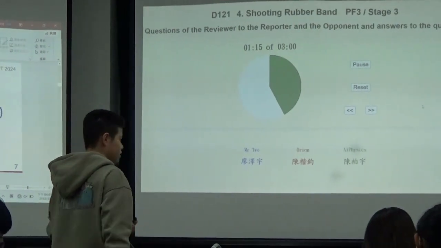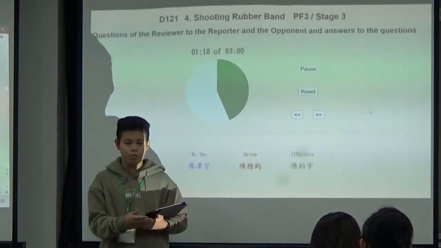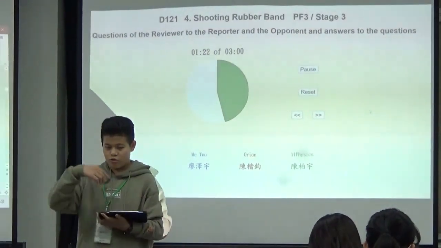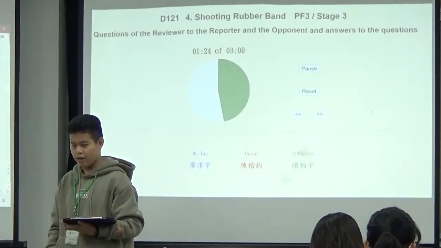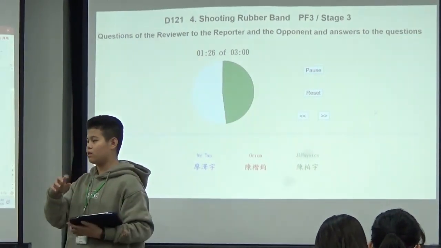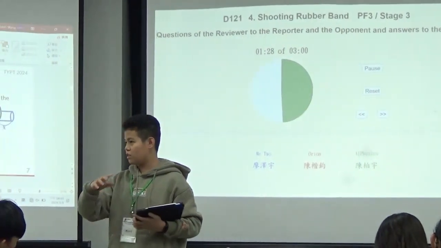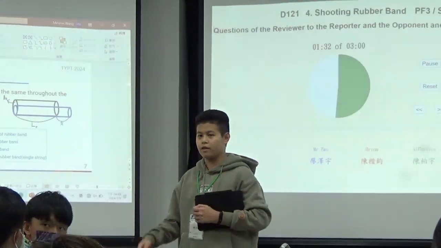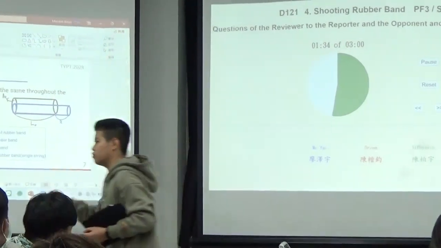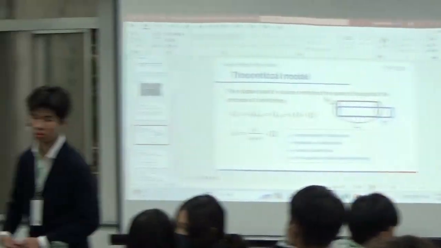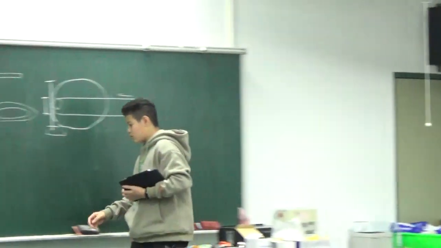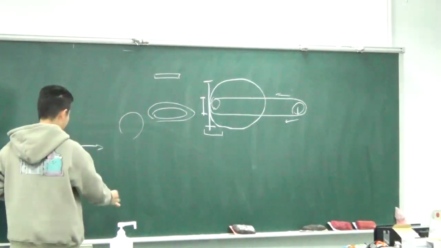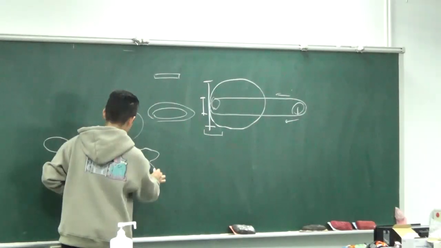I want to ask the second question to both of you. When the rubber band shoots, if the rubber band is homogeneous, will it be round when shot, or will it be like this?